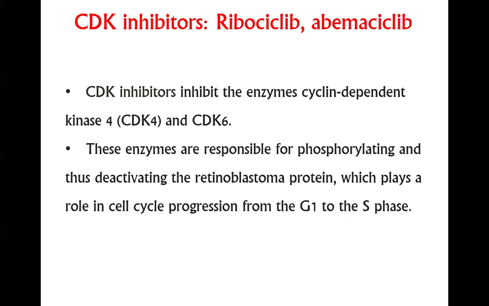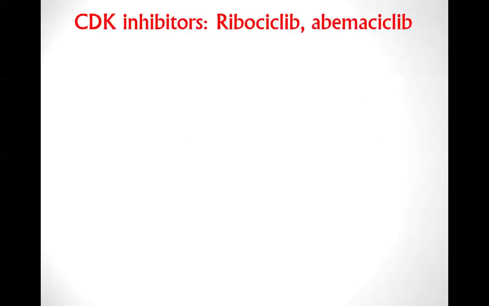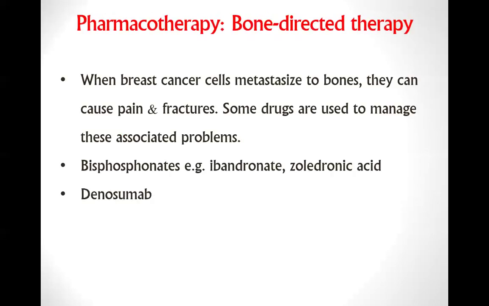It is a protein which is responsible for cell cycle progression from G1 to S phase. So when the phosphorylation of that protein is inhibited by these kinase inhibitors, that means the cell cycle is arrested. Come on, I finished. So the last one you can read on your own, bone therapy.